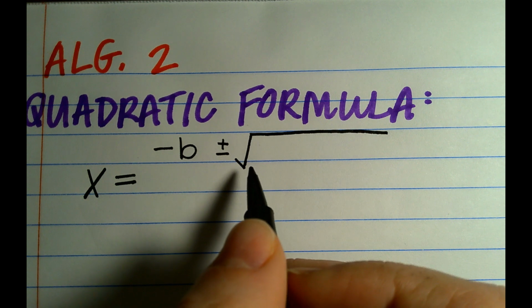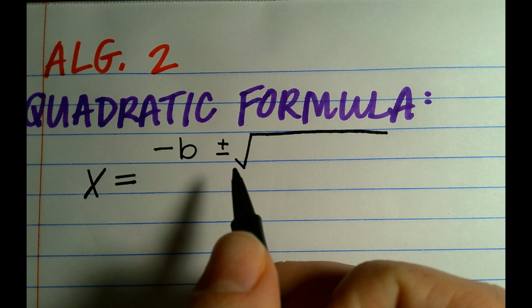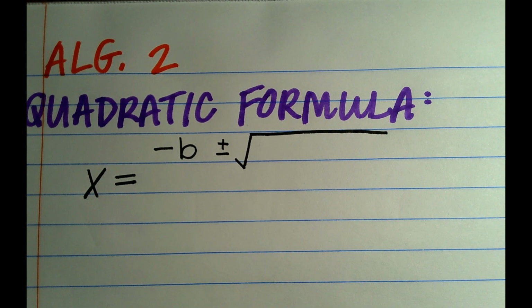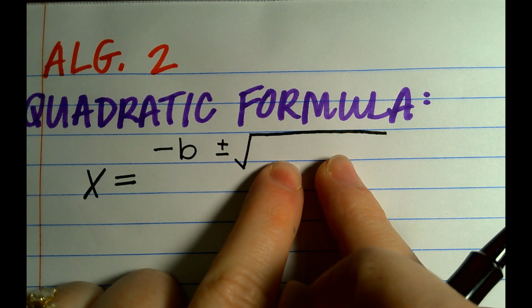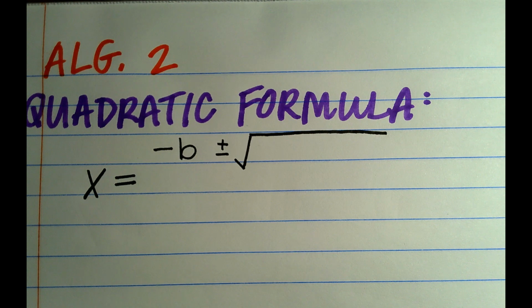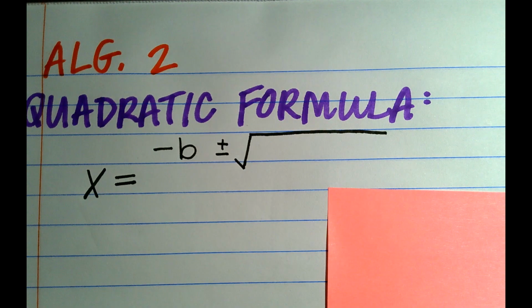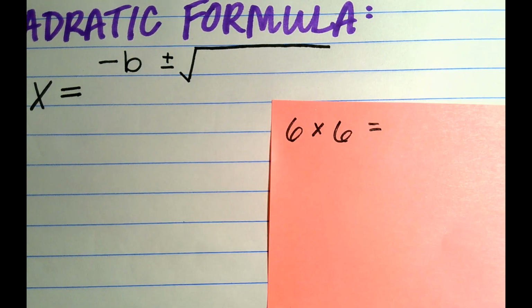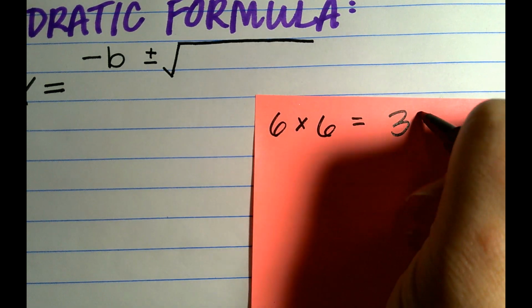The square root, when you find the square root of a number, you are trying to find the one number that when you multiply it by itself gives you this number under here. That was kind of a not great explanation, but let me give you an example. So we know that 6 times 6 is 36.